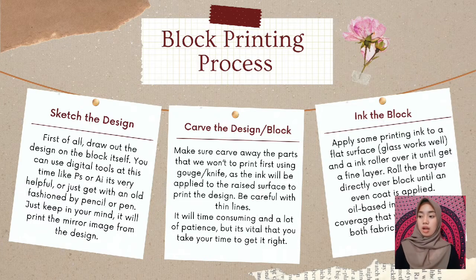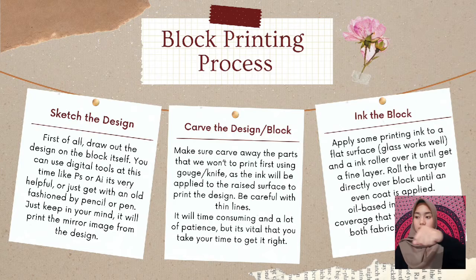Be careful with thin lines, as it is time consuming because it's very detailed, but it's vital that you make it right and you have to be patient. And the third step, ink the block. You can apply some printing ink to a flat surface, sometimes glass works well, and roll over it until you get a fine layer.